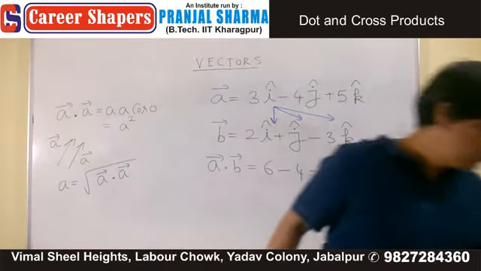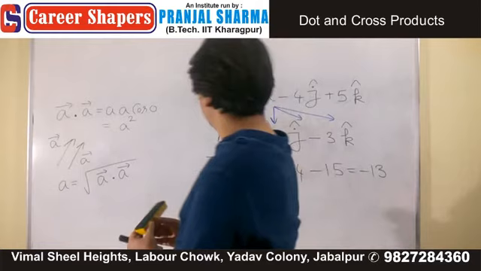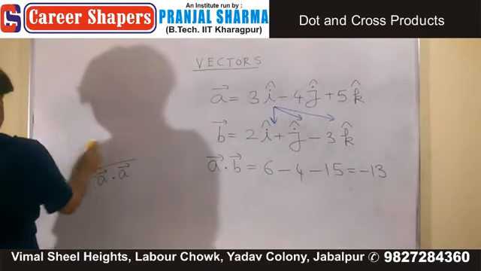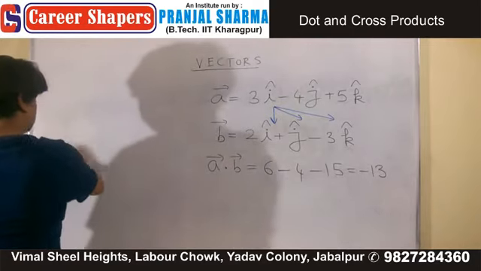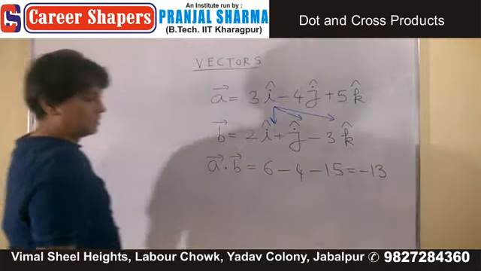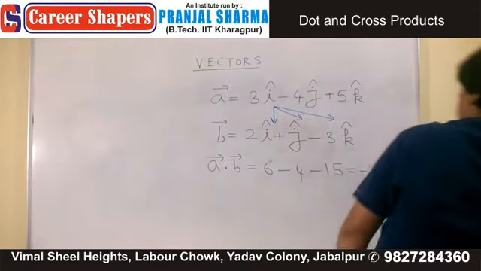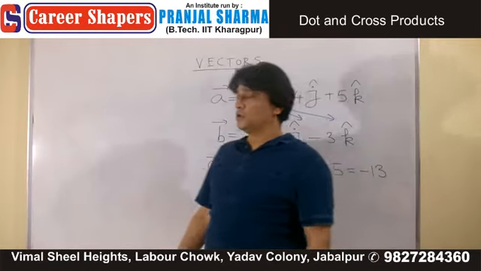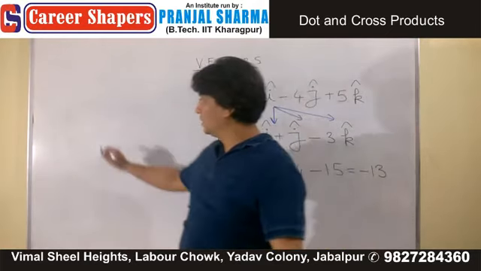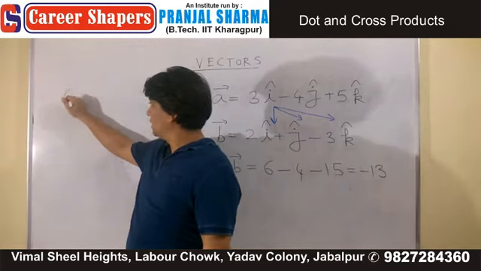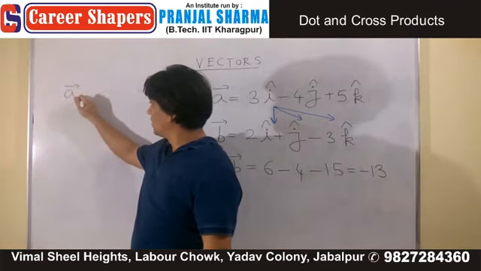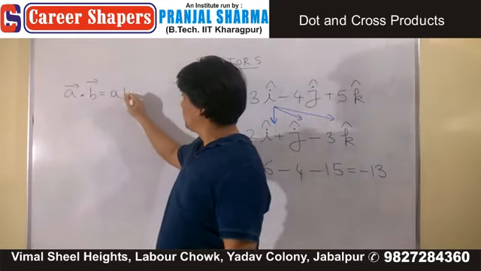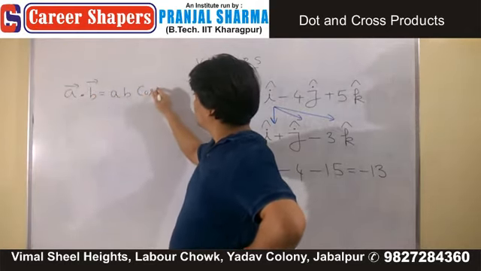Well, for those who find it difficult, just look here. First thing, how to find the angle between A and B. Where do you see this angle theta? When you write A dot B, it gives you |A||B| cos of theta.